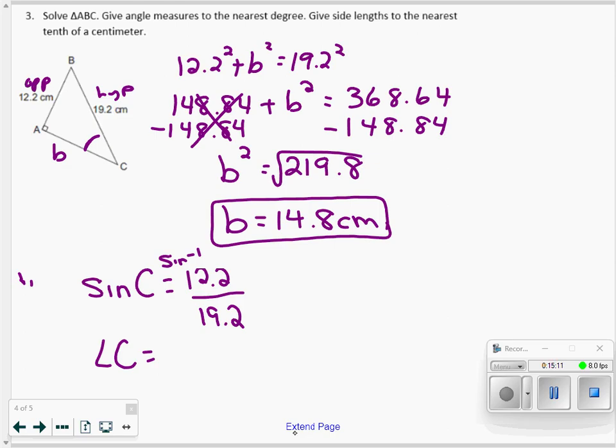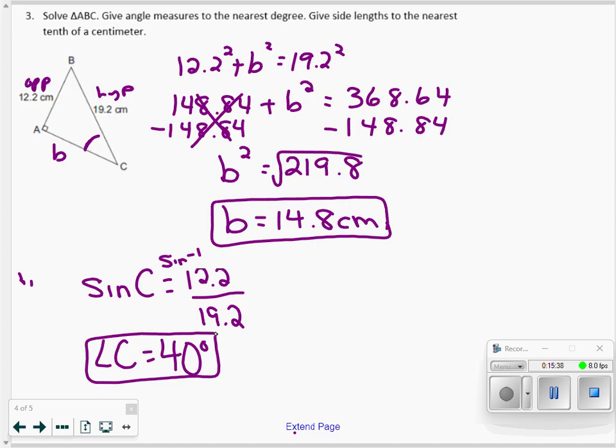Yeah. Nearest degree? Is it 90 or 89? Oh, 39.5. I heard 89. That's why the confusion started.